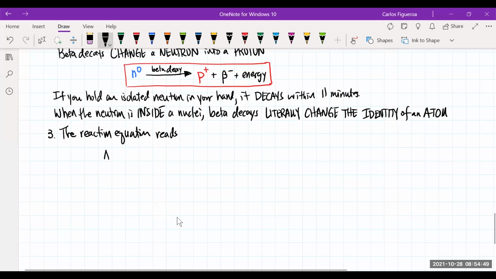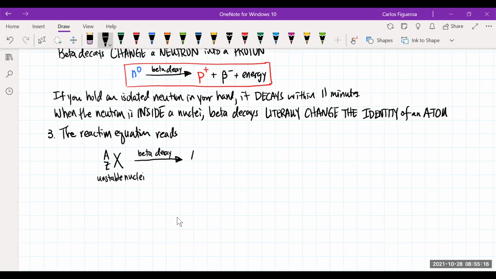Well, I start with an unstable nuclei, right? And now it's going to beta decay. Again, this will be in the turquoise region. And you're going to see that there are very specific reasons why this happens.